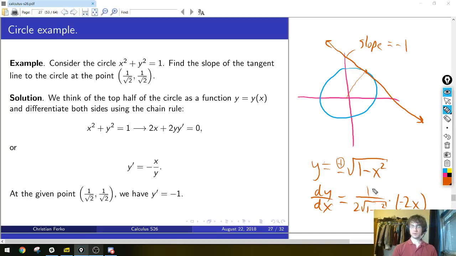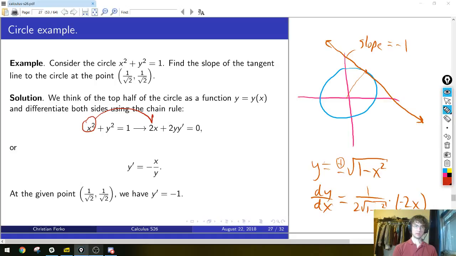So you can ask, is there an easier way than solving this equation for y and taking the derivative? Is there something easier? And there is. The easier thing is start with the equation x squared plus y squared equals 1, and instead of solving for y, just take the derivative of each side of the equation, of the left side and the right side, term by term. What does that give us? Well, we're taking the derivative with respect to x, right?